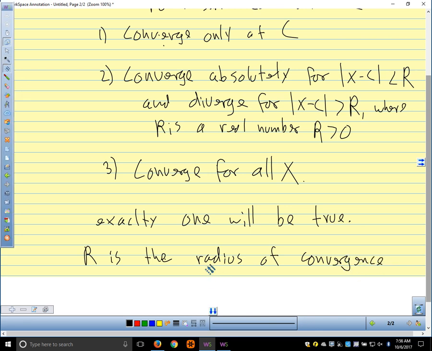We call it the radius of convergence because if you think of a series in more than one dimension, you get a little circle around your domain values where your series converges, not just an interval on the real number line. What if x minus c is equal to r in case 2? You wrote less than, but it's less than or equal to. Well, I'll talk about that separately. That's a separate thing.